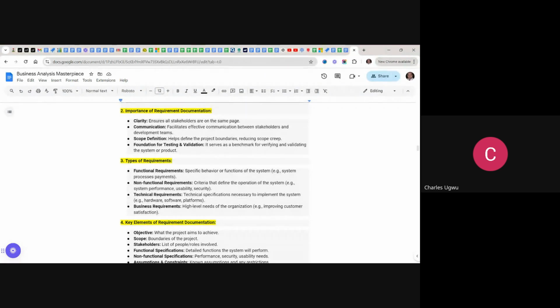But in order to implement or deliver the solution, to transform the requirements into software or an application, we need to transform this business requirement, which is functional and non-functional requirements, into what we call technical requirements.